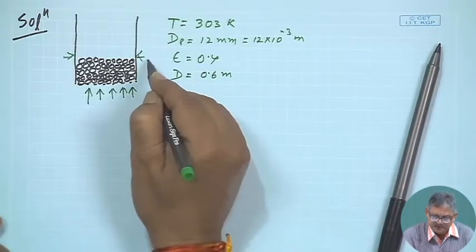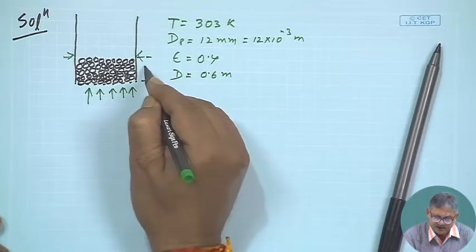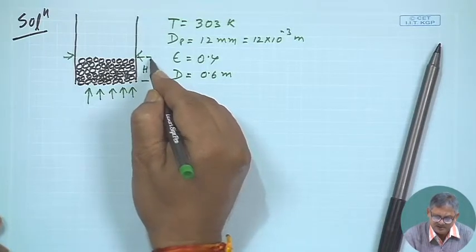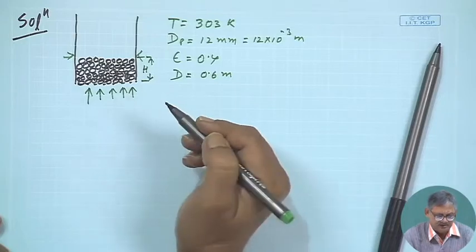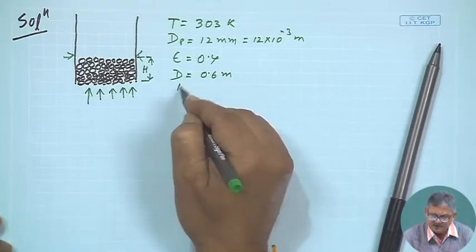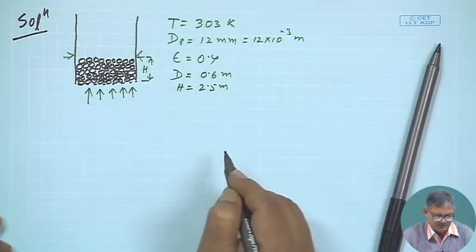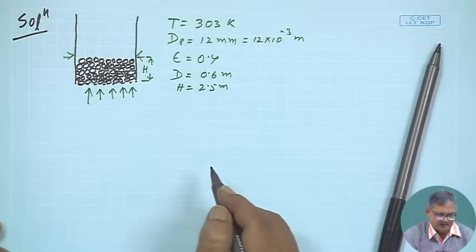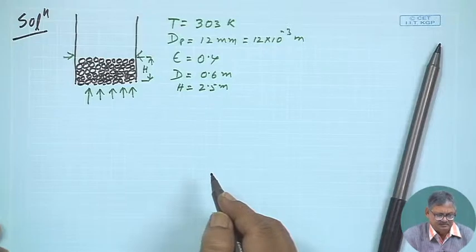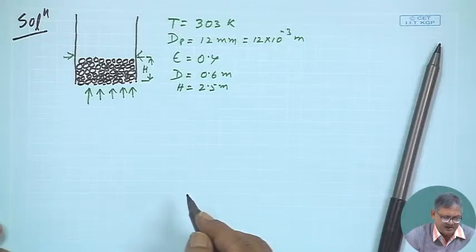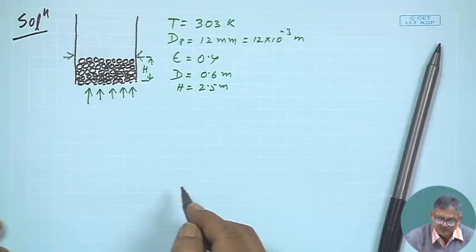The height of the bed, that is this height H, is given here as 2.5 meter, right, and it enters the bed at 1.2 atmosphere.